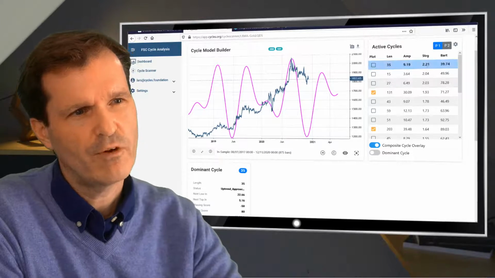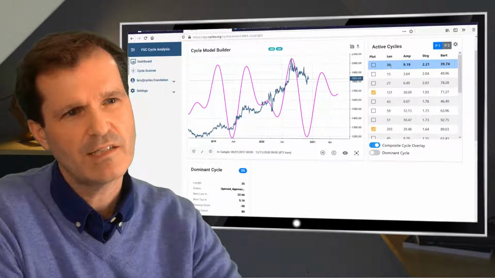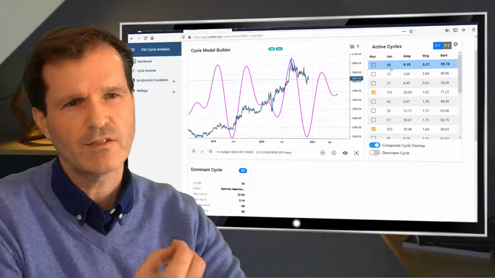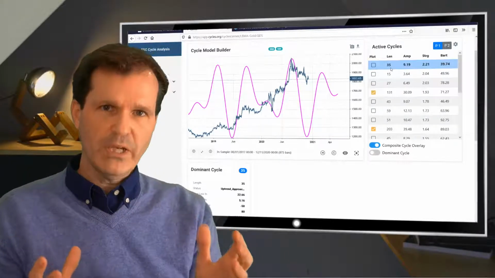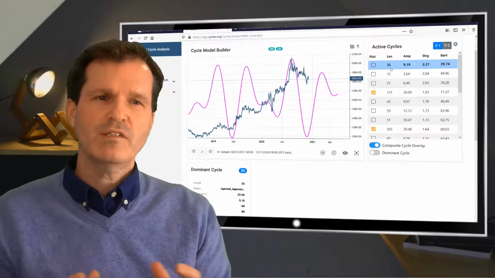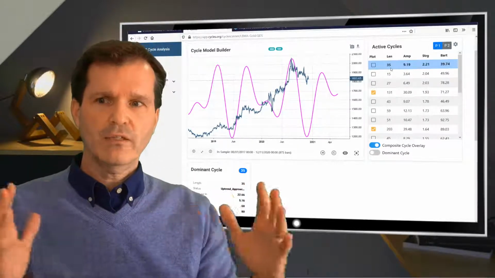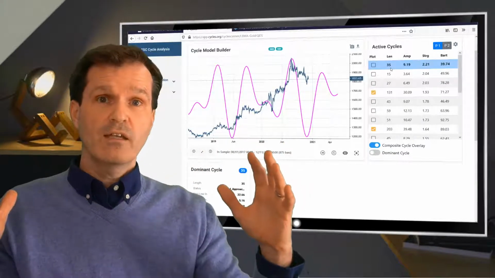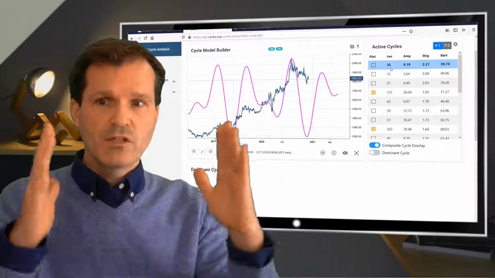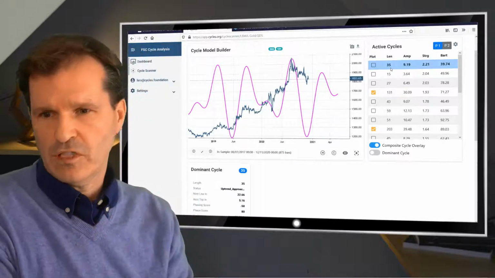If you just go by strength, there are higher listed cycles, but they are shorter cycles. So I first start with the main or overall picture, which could be very interesting if you select the longer cycles first, which gives you an indication where we are in the larger cycles, and then drill down afterwards into shorter-term cycles.